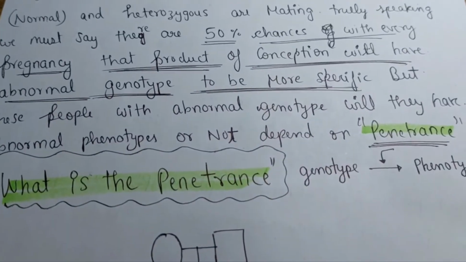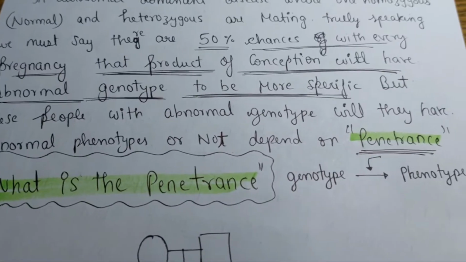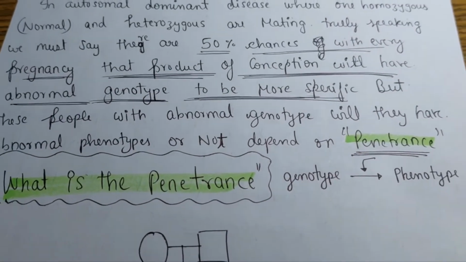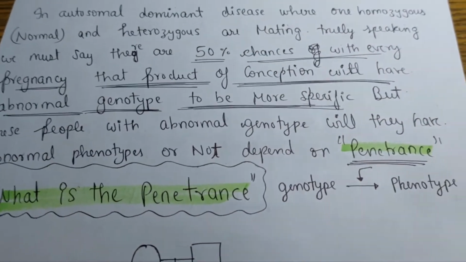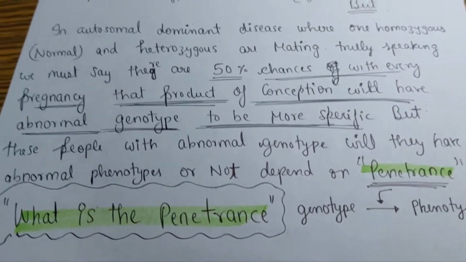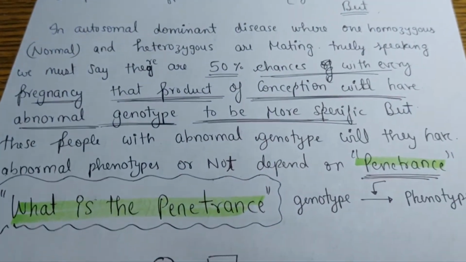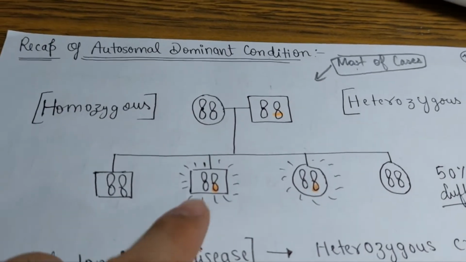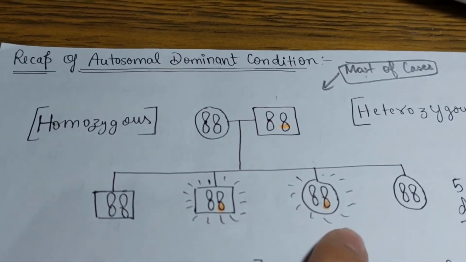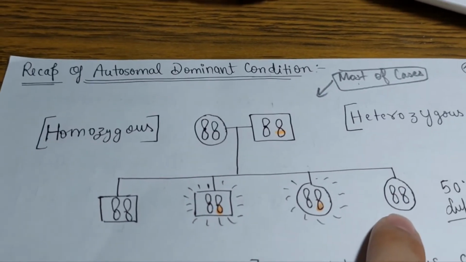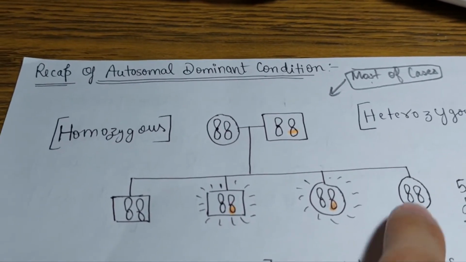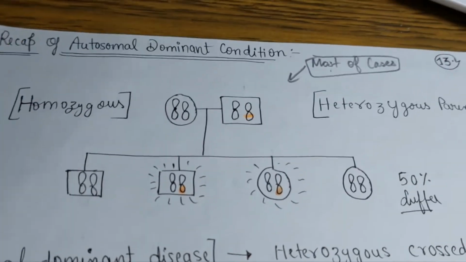But whether these people with abnormal genotype will have abnormal phenotype or normal phenotype depends on the phenomenon of penetrance. So a 50% chance of defective genotype and a 50% chance of normal genotype is possible in an autosomal dominant condition between a homozygous parent and a heterozygous parent.